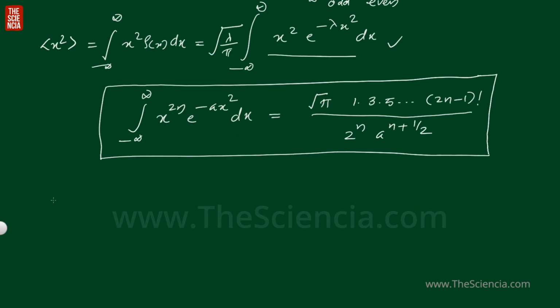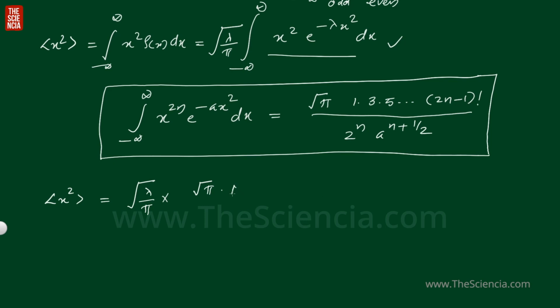So by using this equation, what do we get for x squared? It is root lambda by pi into the integral of this function. Here the n value is 1. So we get root pi into 1 into and so on up to 2n minus 1, that is, n is equal to 1, so the maximum value is 1.